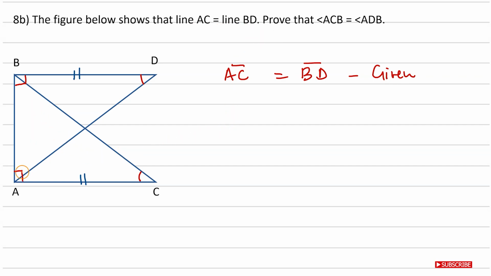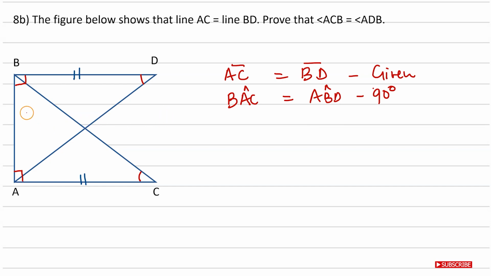And we can also say that these corners are at 90 degrees. So we can say angle BAC is equal to angle ABD, and they're both at 90 degrees. Okay, so two things are equal. What else can we look for?